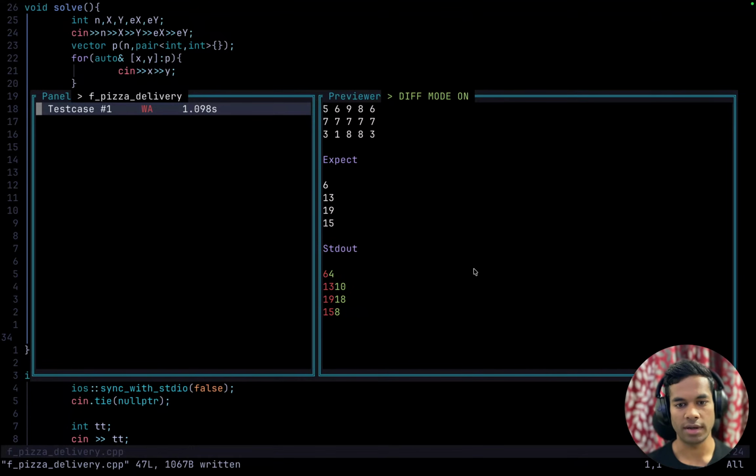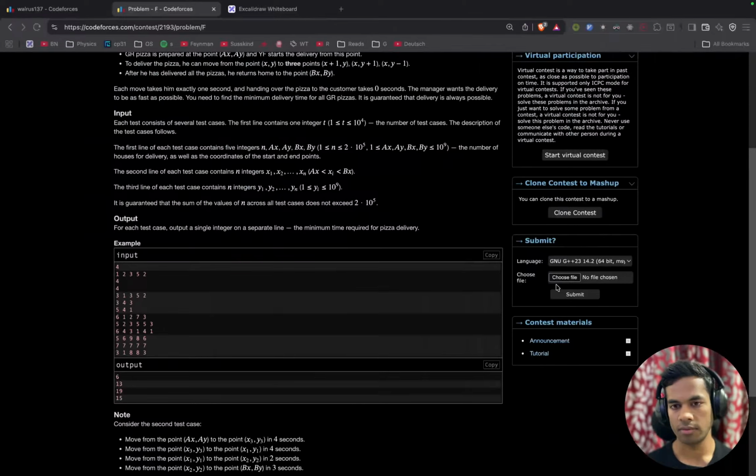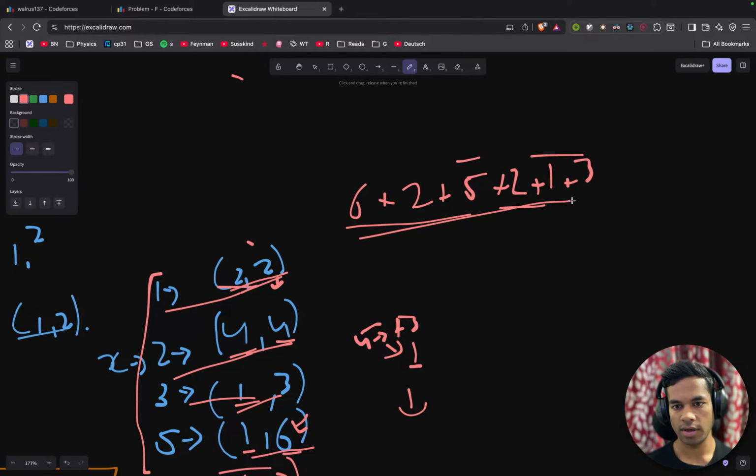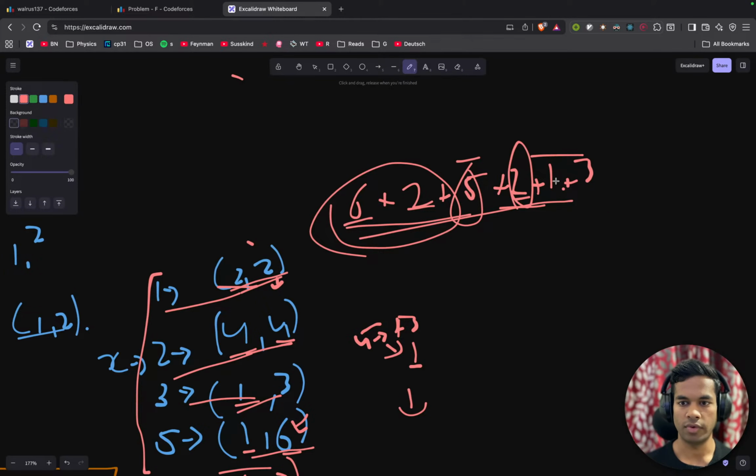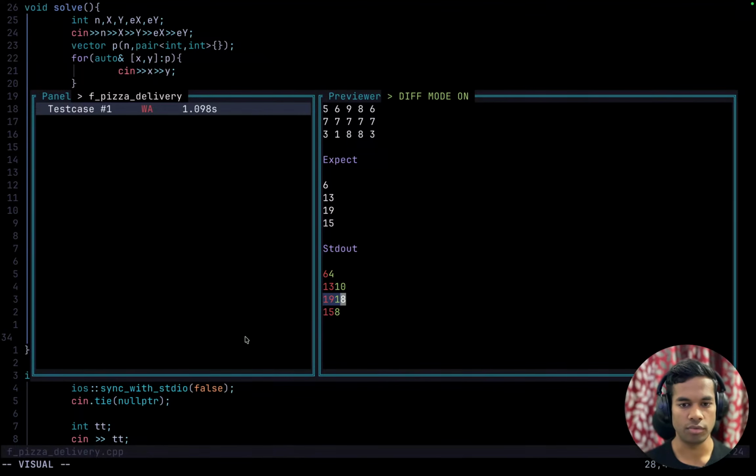Or maybe not, we are getting wrong answer for all of them. This we did calculate and we are getting wrong answer here. We did 6 plus 2 plus 5 plus 2 plus 1 plus 3, which is 8 plus 2 10, 15 plus 4 19. This should be 19.